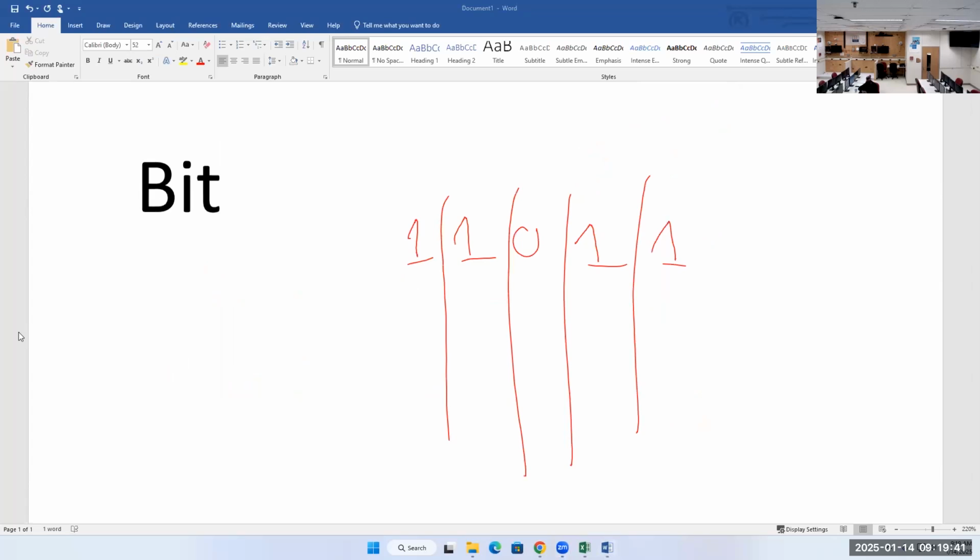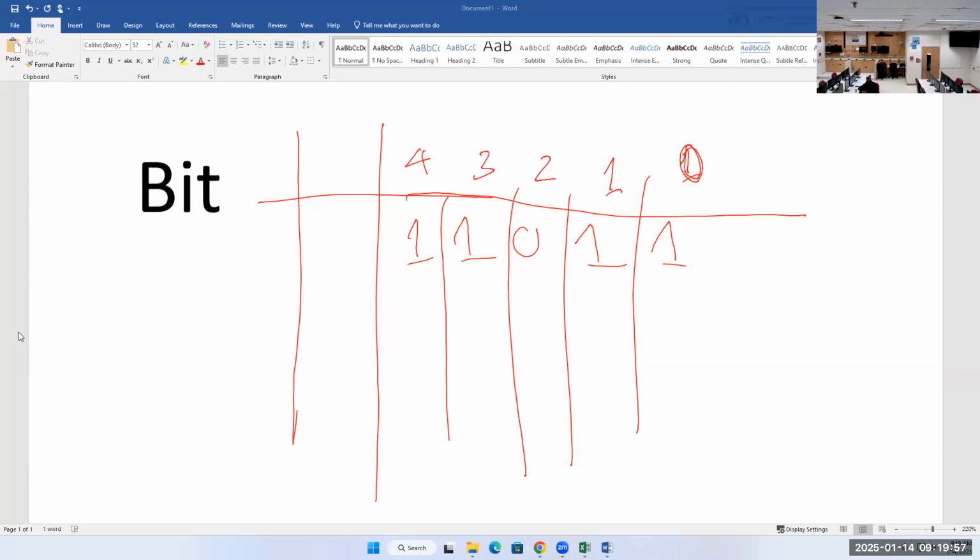This one is column 0, this one is number 1, this one number 2, number 3, number 4, and then number 5, number 6, and number 7. So when you convert binary, you have 1 byte, which means 8 bits, everything from 0 to 7.